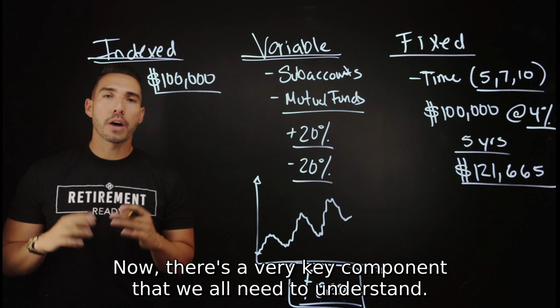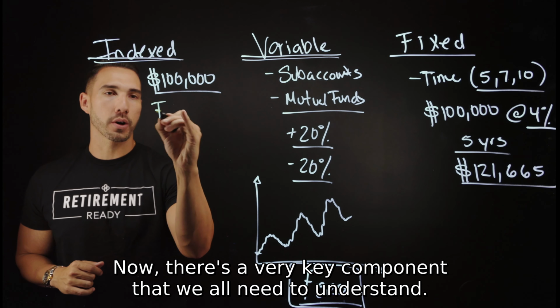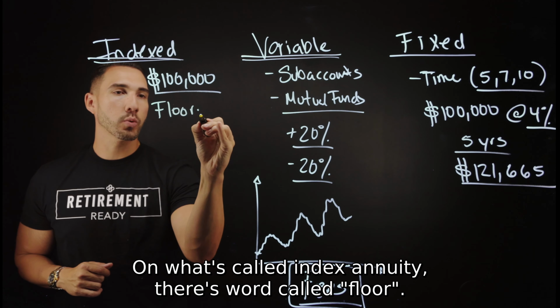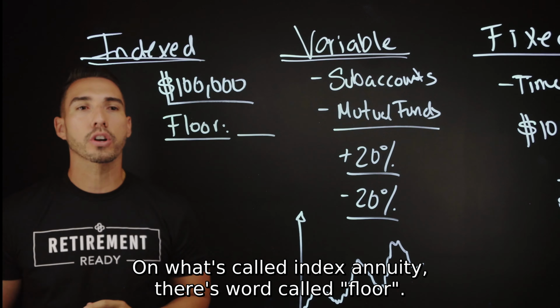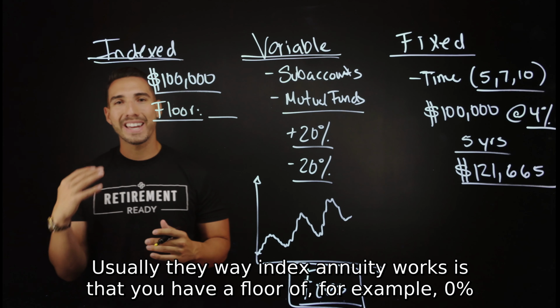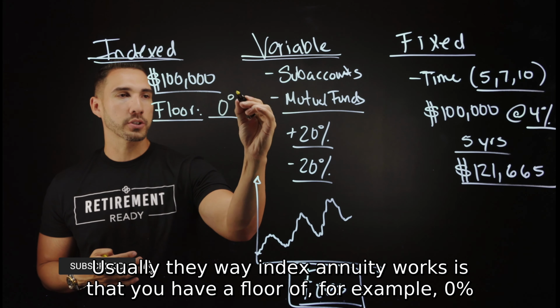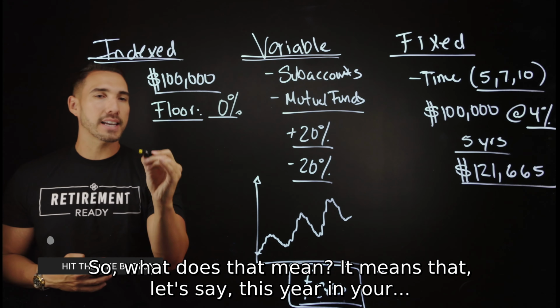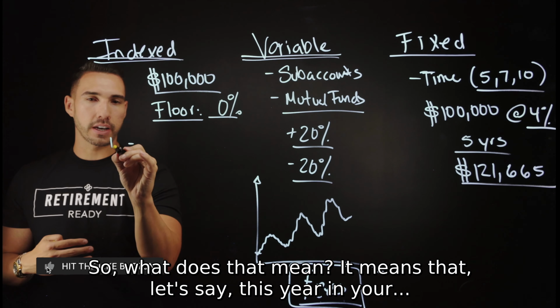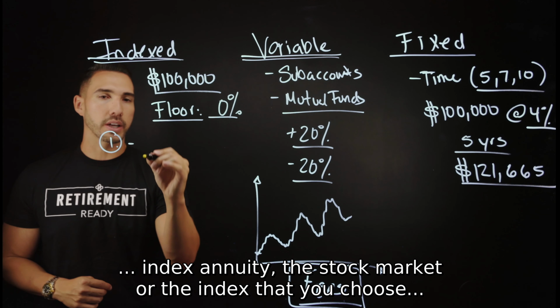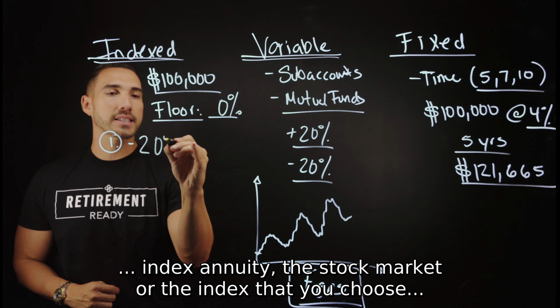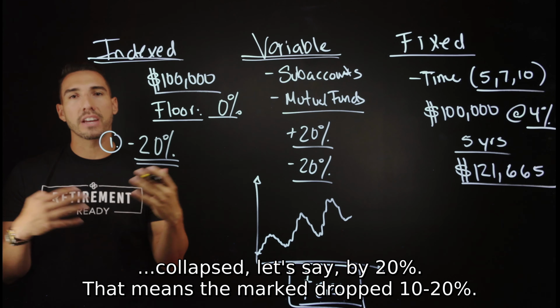Now, there's one very key component word that we all need to understand on what's called indexed annuities, and it's the word called floor. So usually the way an indexed annuity works is that you have a floor of, say, for example, 0%. So what does that mean? That means that, let's just say that this year, in year 1 of your indexed annuity, the stock market or the index that you chose collapsed by, say, 20%.